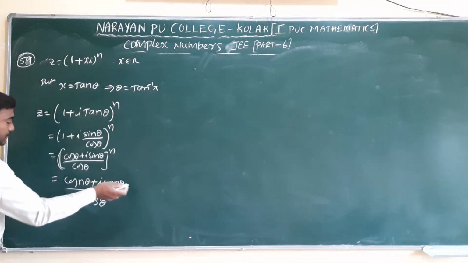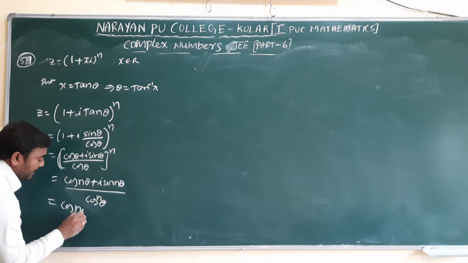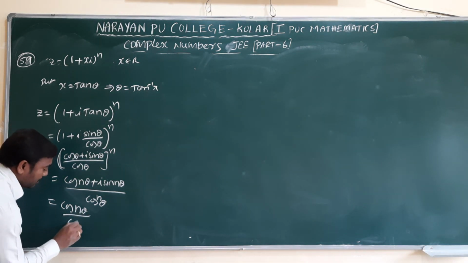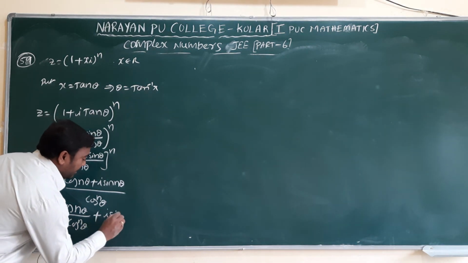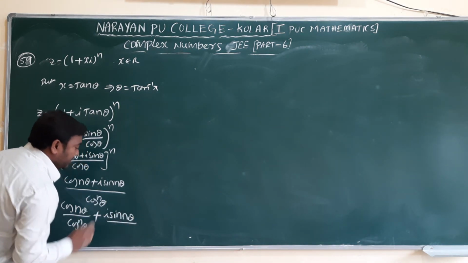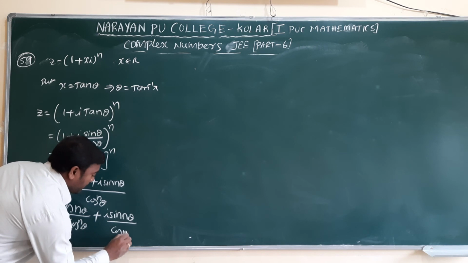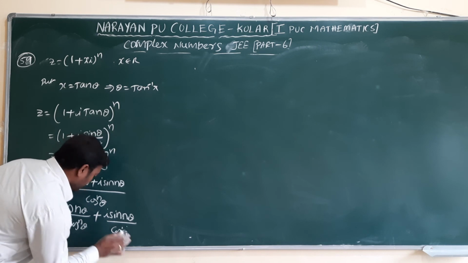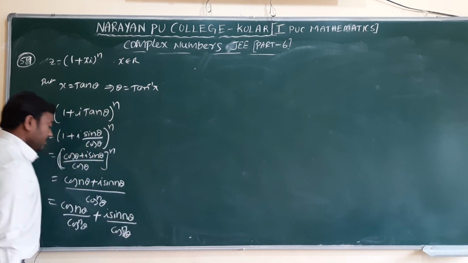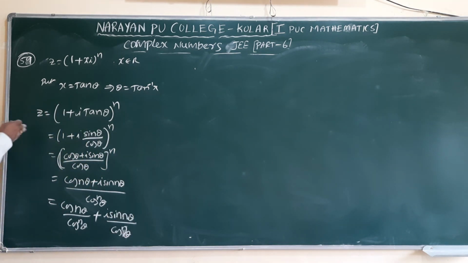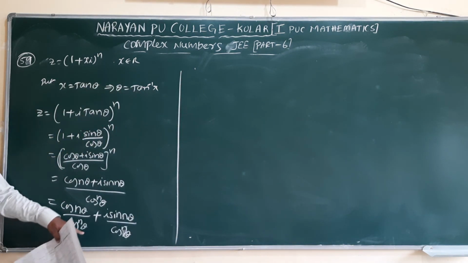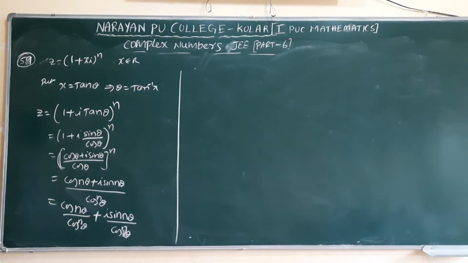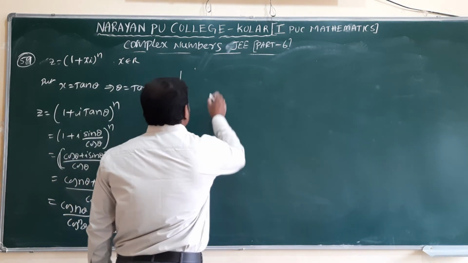So z is cos n theta divided by cos^n theta plus i sin n theta divided by cos^n theta. It is given that the real and imaginary parts are equal. The real part is cos n theta by cos^n theta, and the imaginary part is sin n theta divided by cos^n theta.